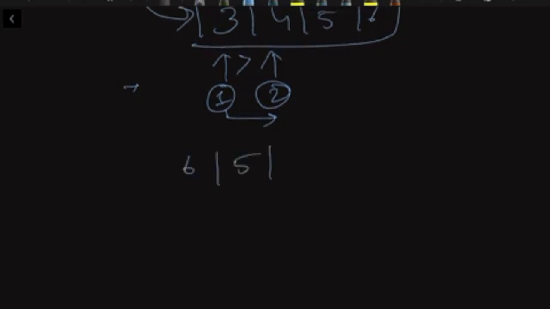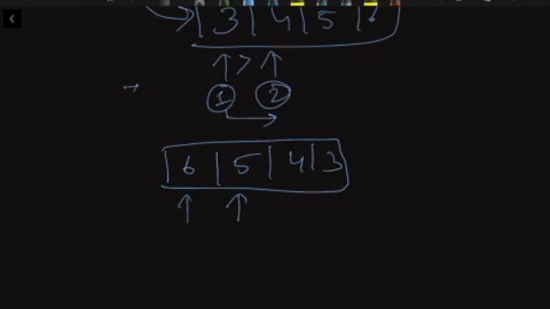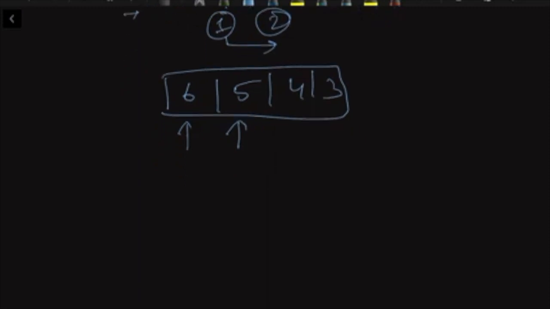We have an array, and we need to perform an insertion sort over this array. The first element is 6, the second element is 5. You can see 6 is greater than 5.